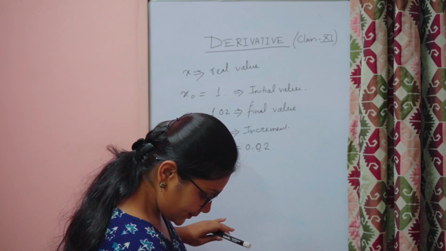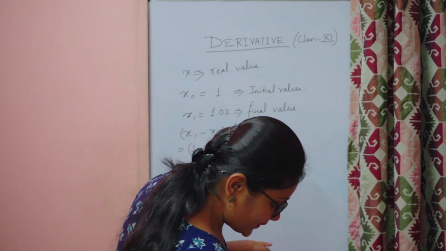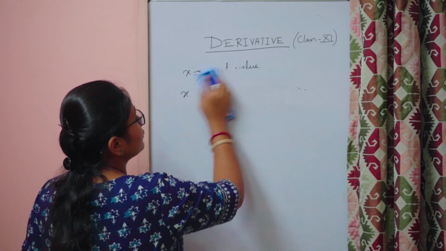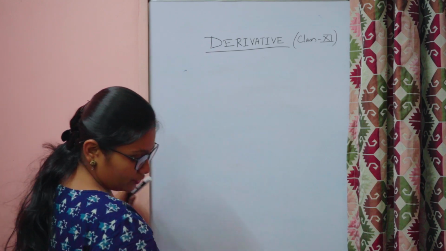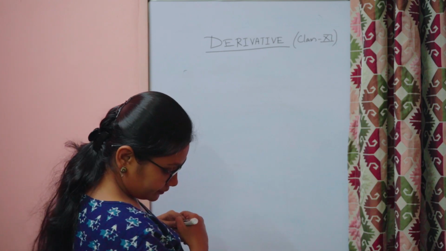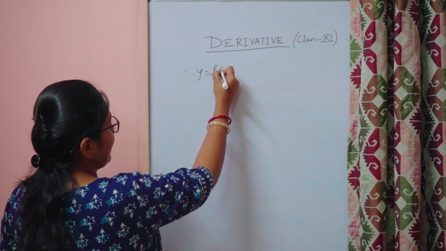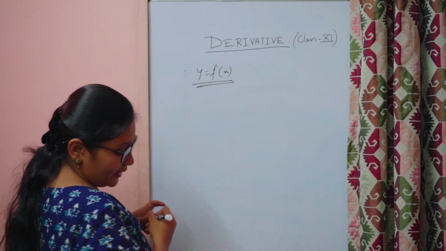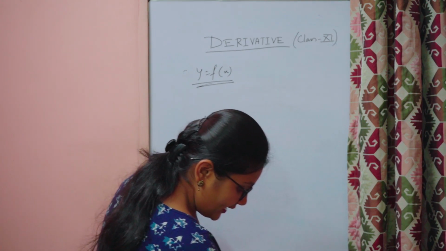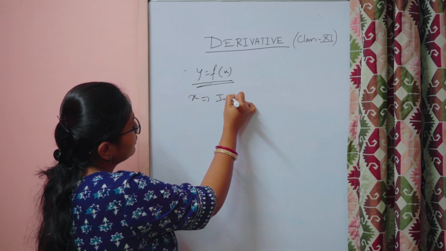Now how will we express the increment of a function? This is one example. So what will be the notation? The notation will be in this way. Suppose this is the function y is equal to f(x). Okay, and x is the initial value.